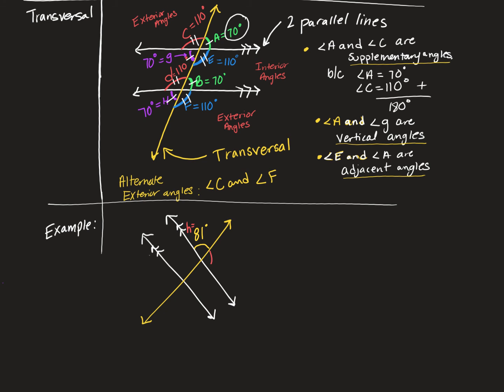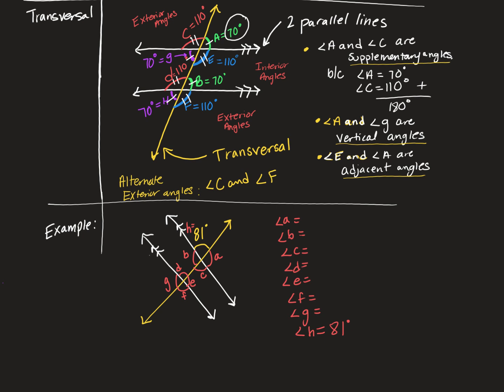Okay, cool. Now we can figure out what angle A is, what angle B is, what angle C is, what angle D is, E, F, and G. I want you guys on your own to tell me what angle A equals, angle B, angle C, angle D, angle E, angle F, and then angle G, given that angle H is 81 degrees.